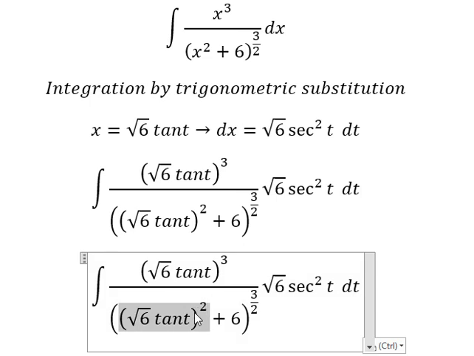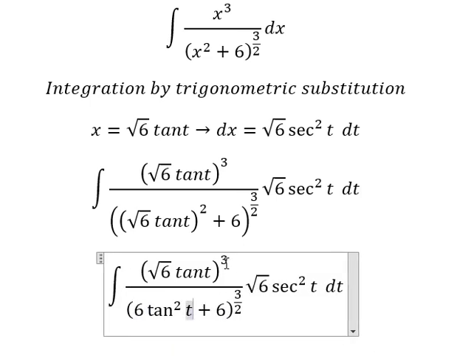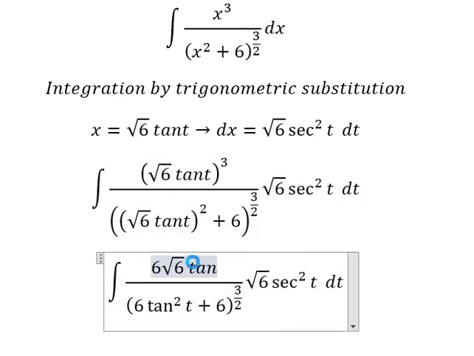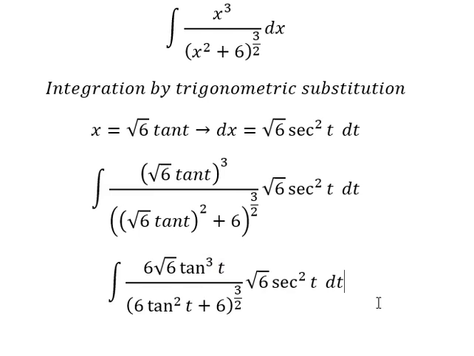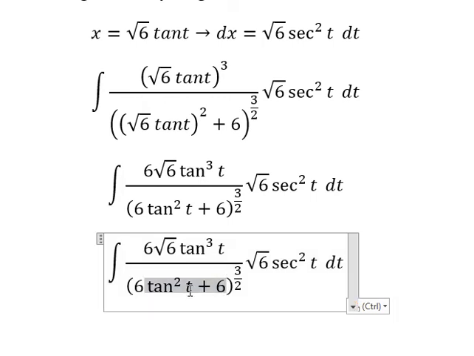So this one we have 6 tan t squared. This one we have 6 and the square root of 6 tan t to the power of 3. With 6, we can do factorization.